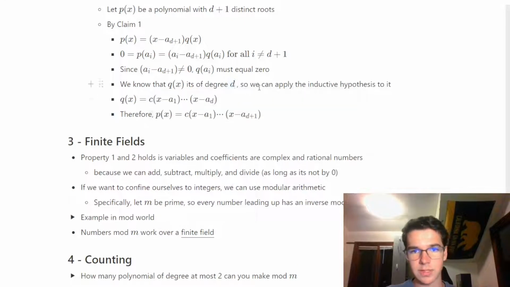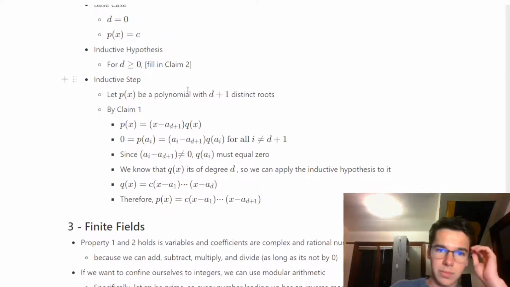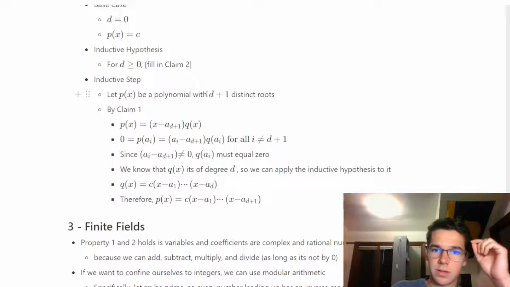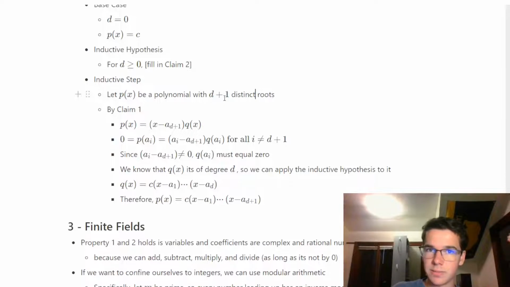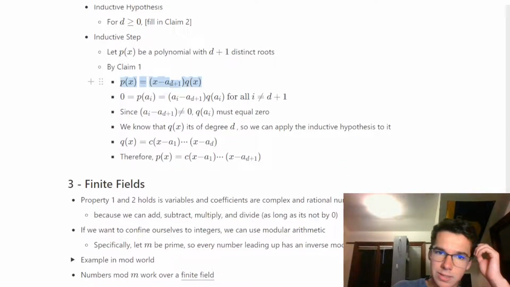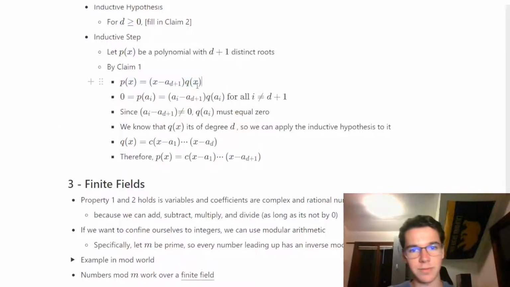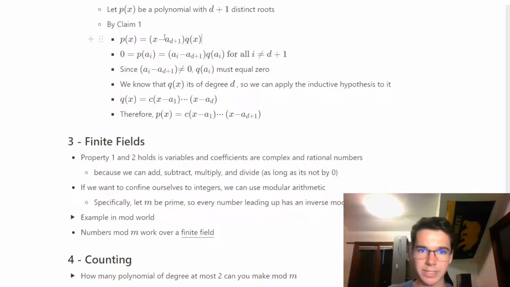And we sort of said this before, but again, we're saying that we have a polynomial with d plus 1 distinct roots, and by property 1 that means that it is of degree d plus 1, and then we use this from claim 1 to show how q of x has to be of degree d, because we're taking out one of the roots from p of x.